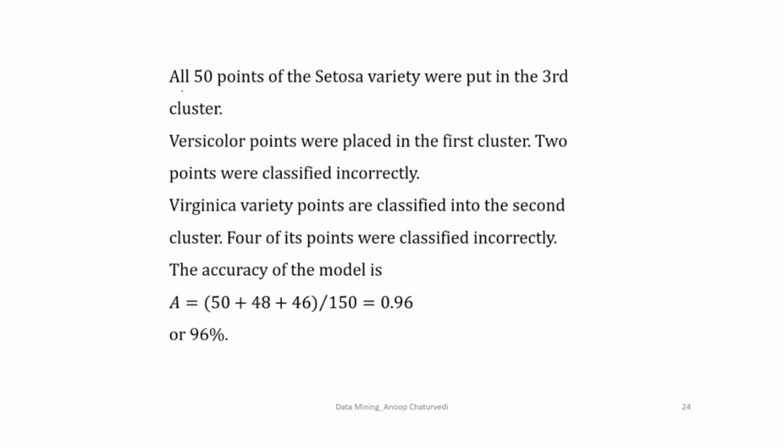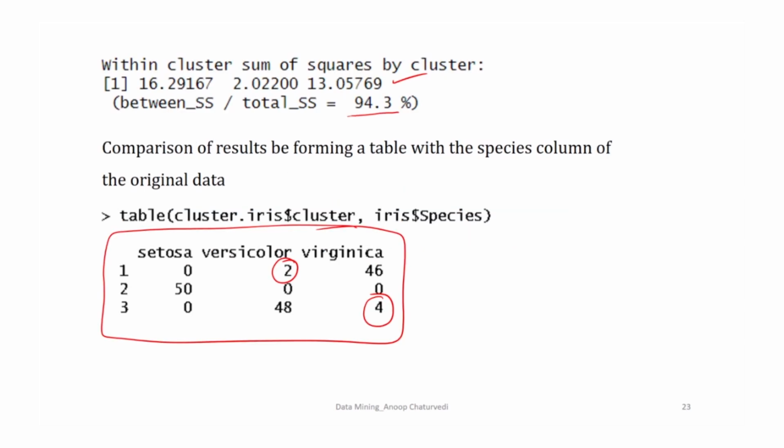So, all 50 points of the Setosa variety were put in the 3rd cluster. Versicolor points were placed in the 1st cluster, but 2 points were classified incorrectly. You observe these 2 points.